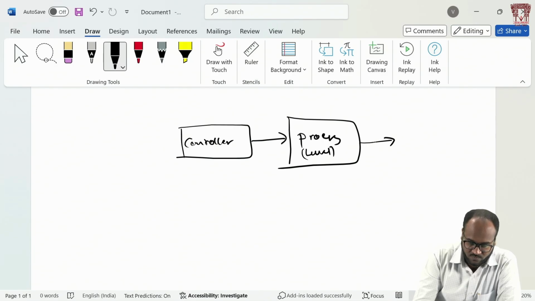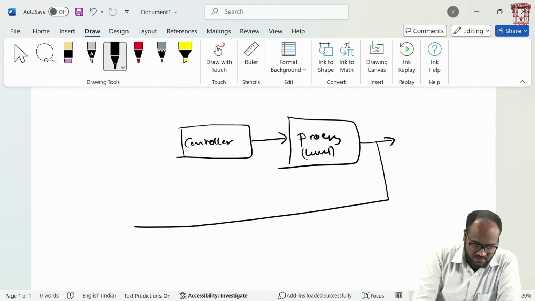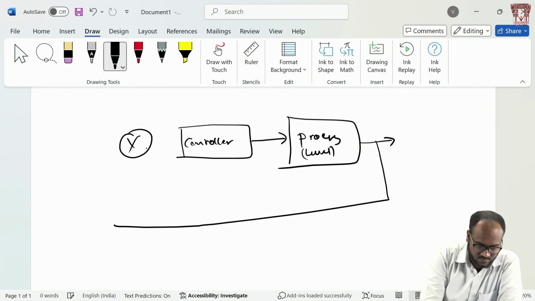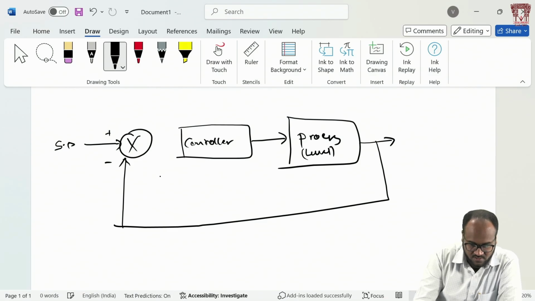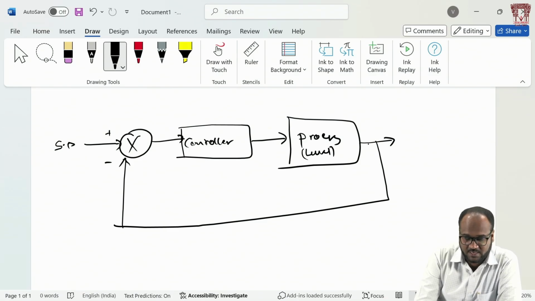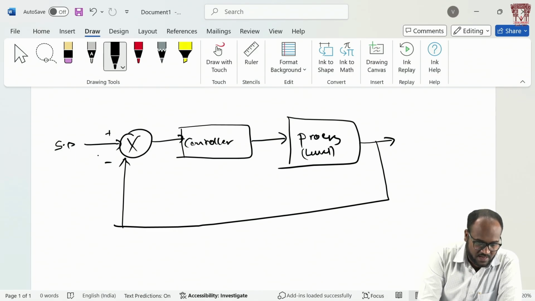Now this level is sensed by the level transmitter and given as feedback, and here we will be giving the set point as an input. Now the status of the level of the liquid in the tank is fed back, and it is a part of the controller.